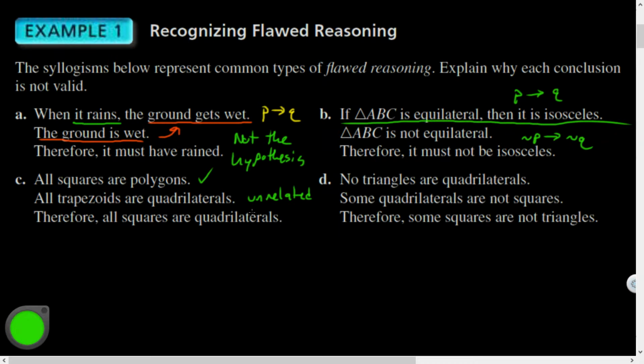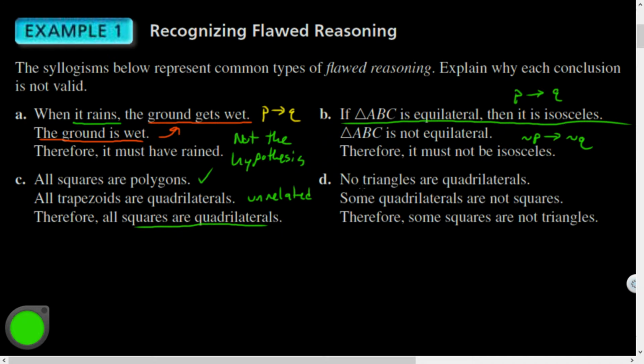We're just pulling a whole bunch of extra information that was not related to the original P implies Q. So although all squares are quadrilaterals, it's not justified on the basis of this premise. This had nothing to do with the squares being quadrilaterals. We found a correlation, but that was not causation.